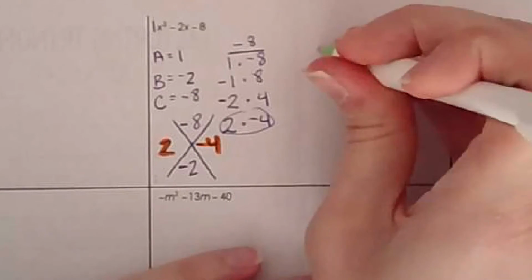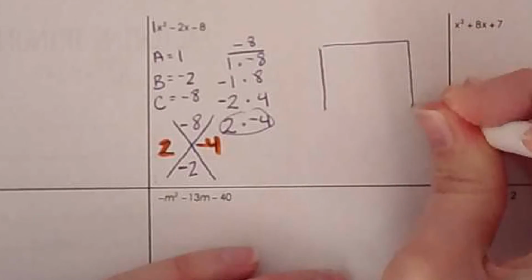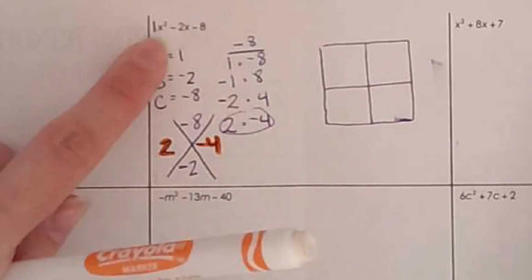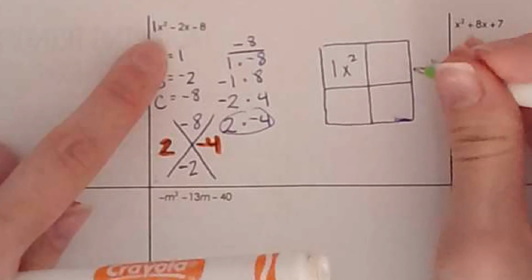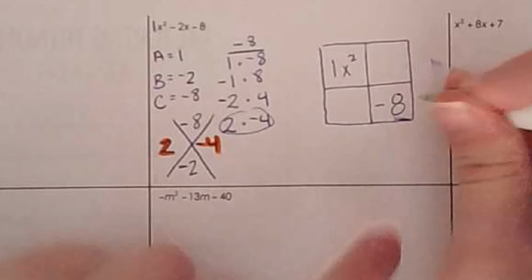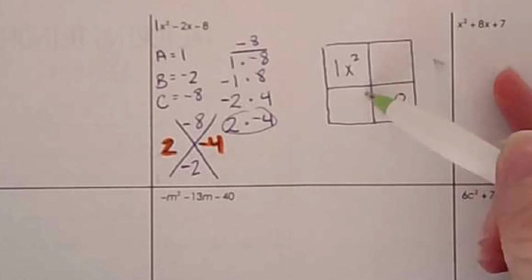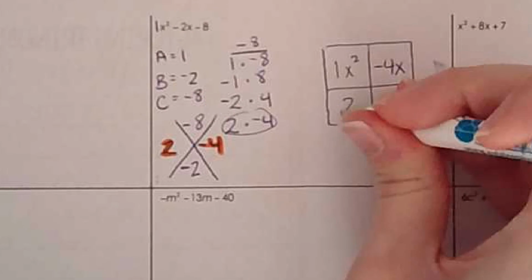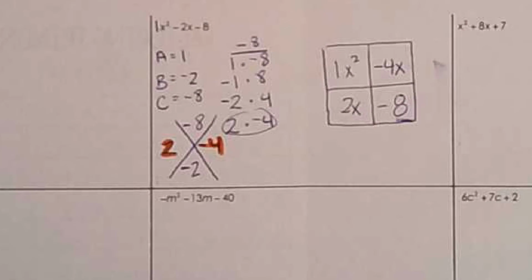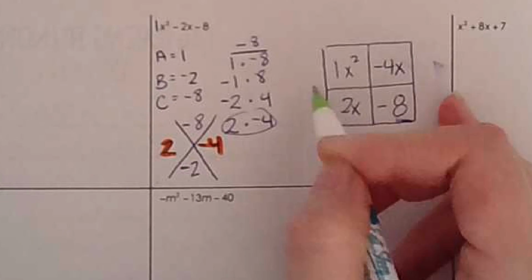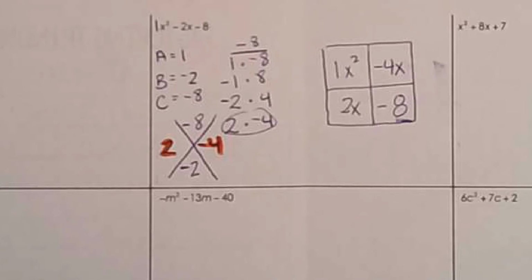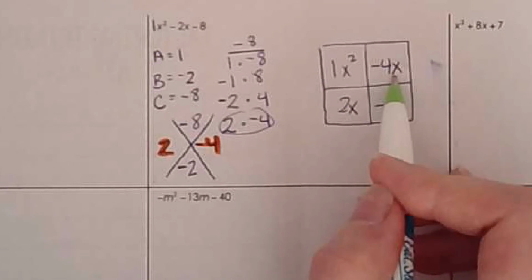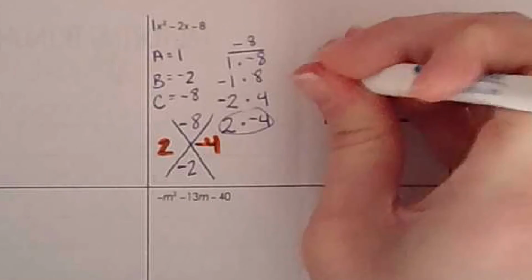So when I set up my box, in my top left box I would have 1x squared. In my bottom right box, I would have negative 8. And the two terms that add together to give me the negative 2x are negative 4x and positive 2x. Now I'm taking the GCF from each row. My greatest common factor of 1x squared and negative 4x would just be x.